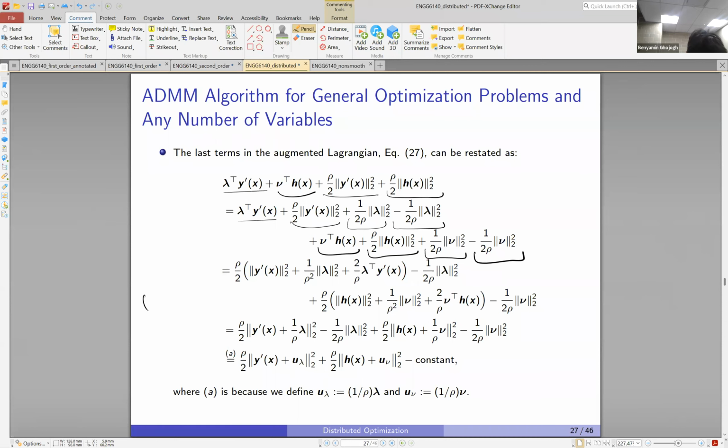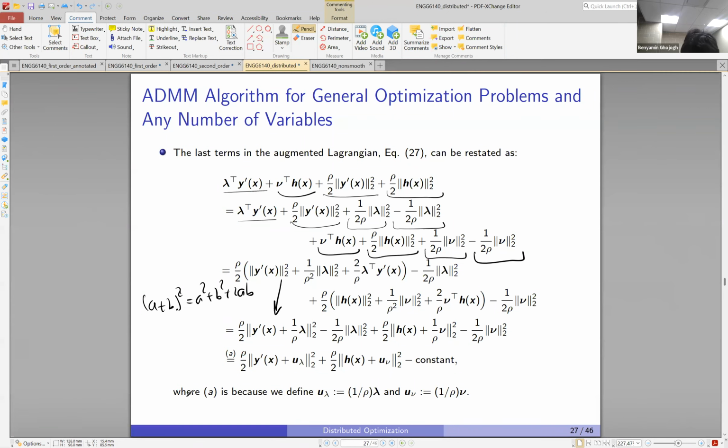Use this formula for vector form here. So the first term, the second term, a squared L2 norm, repeating this here again, plus rho over 2, again, the first term plus the second term, squared L2 norm, repeating this here.